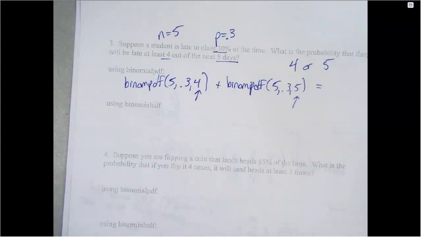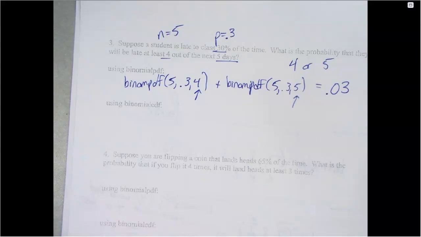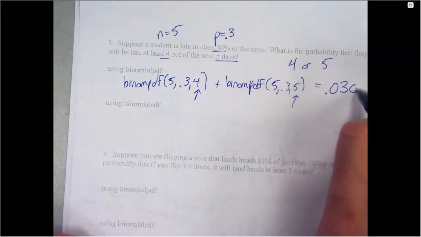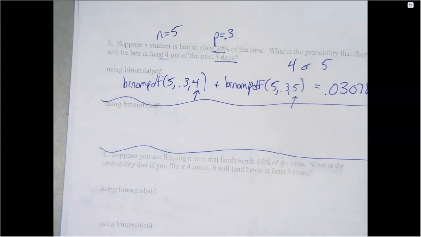But I'll tell you right now, when I go to do this on my calculator, I'm doing CDF. It's faster. Point zero three. So that's a perfectly valid way to do it.